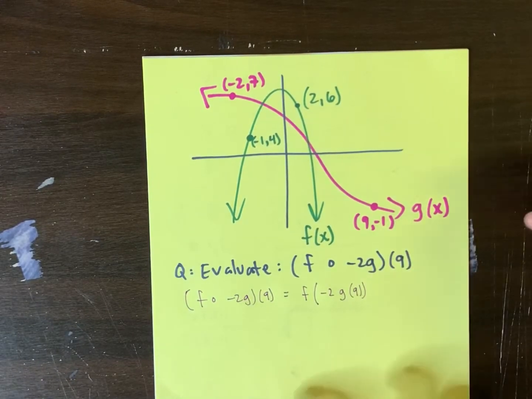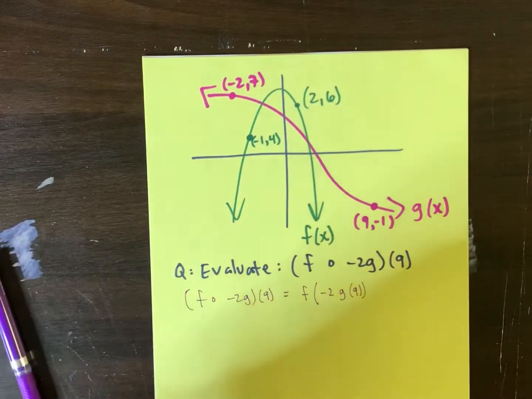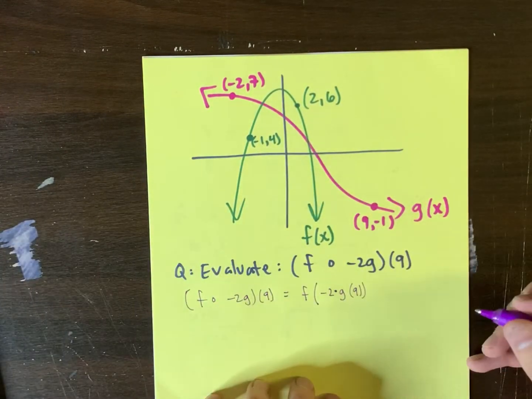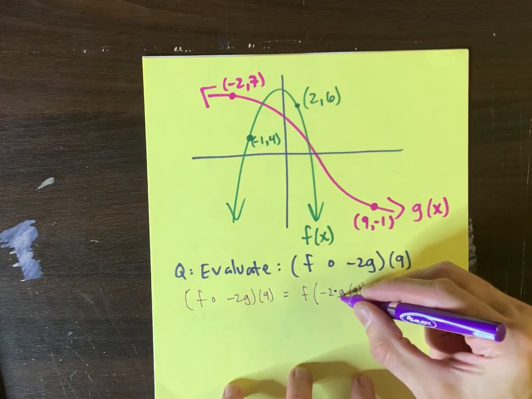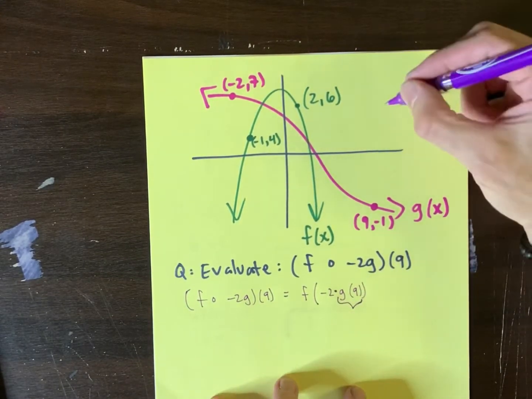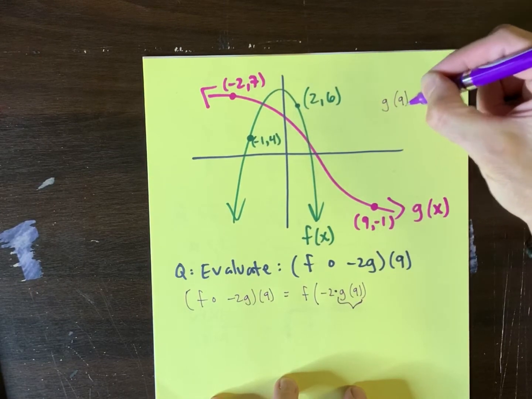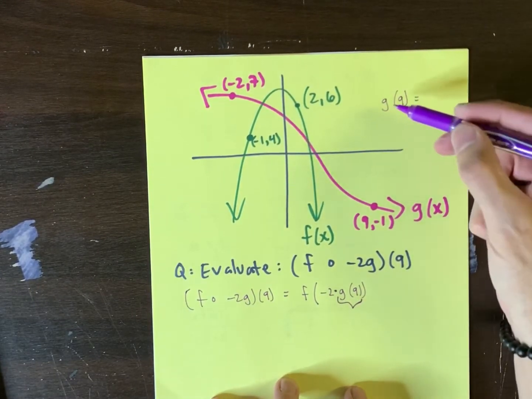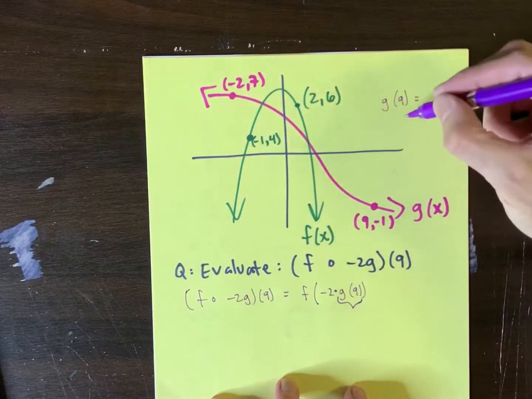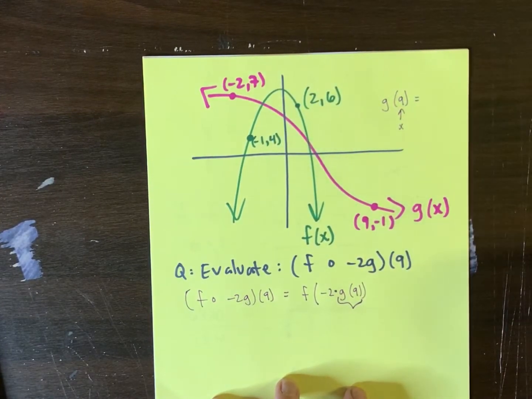And I'll remind myself by putting a little dot here that these are being multiplied. And first, I would have you focus only on g of 9. What is g of 9? So just some scratch work. Go to g, which is this map here, the pink one, and you want to plug 9 in for x.